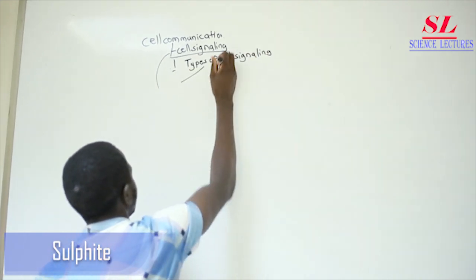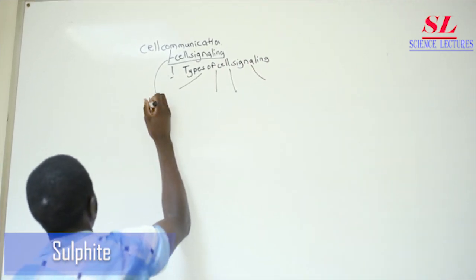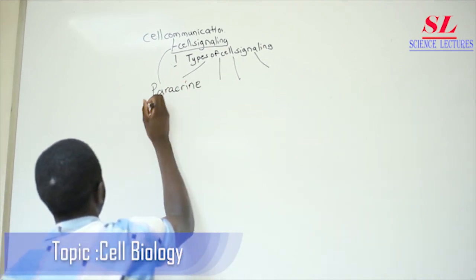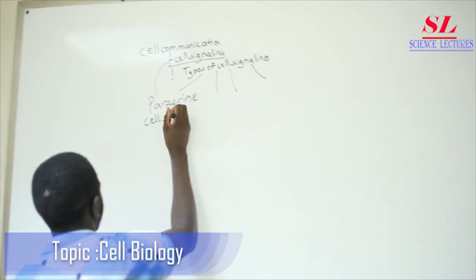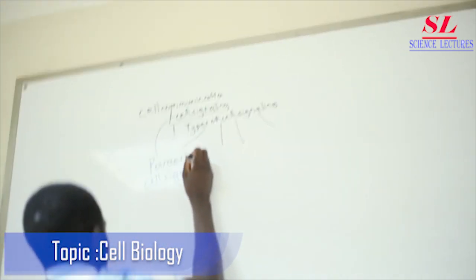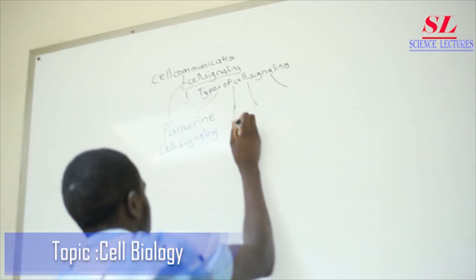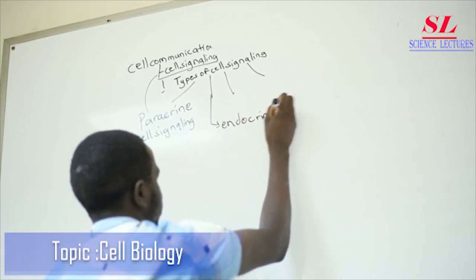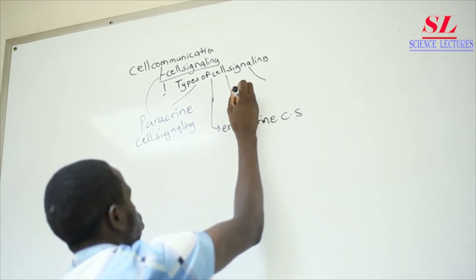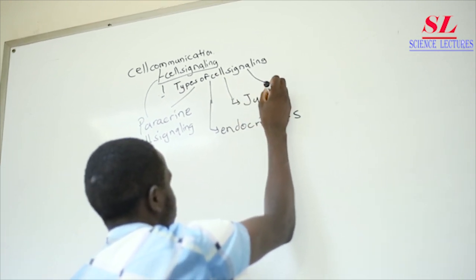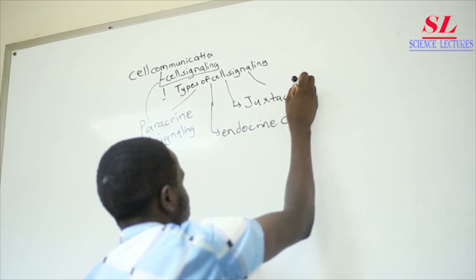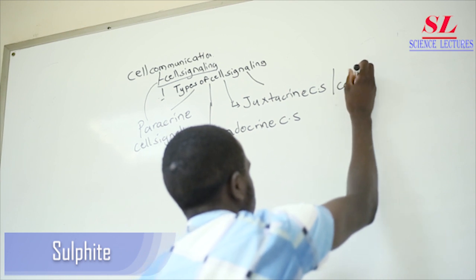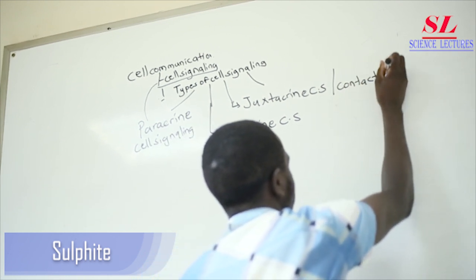So there are around 5 types of cell signaling. Number one is what they call paracrine cell signaling. Paracrine cell signaling is what we call endocrine cell signaling. Endocrine cell signaling is what we call juxtacrine cell signaling. Juxtacrine cell signaling, or what they call contact dependent cell signaling.